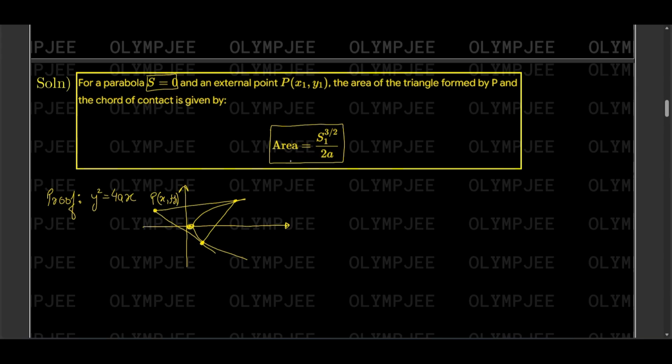So what will be the formula for the area of the triangle? The area of the triangle will be half into base into height. So base is this and the height is this.